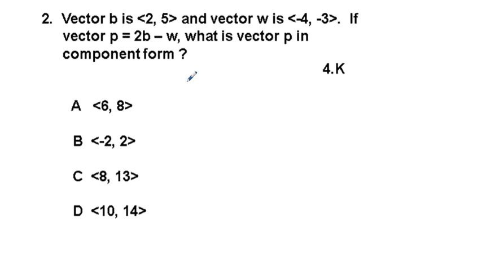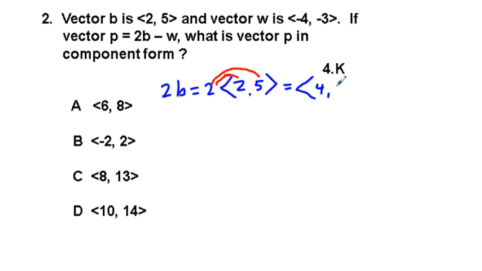Well, we're going to take 2B. 2B is equal to 2 times vector B, and B is 2, 5. So that's going to be equal to, using distributive property, we have 4, 10.